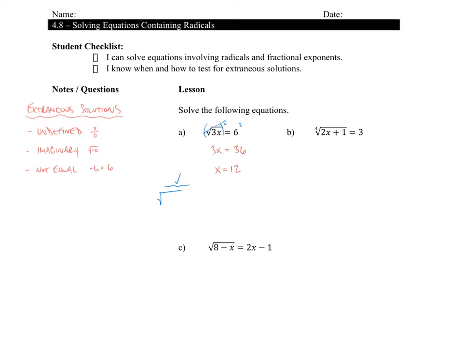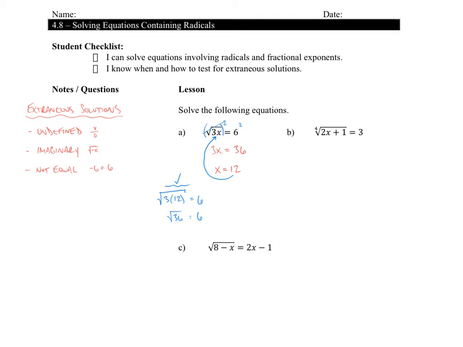So the square root of 3, and instead of x, I'm going to use 12, has to equal 6. And when we do this, a lot of the time, we would say that when we take the square root of a number, we could get positive solutions and we could get negative solutions. We would say that sometimes. All right? This radical that is written here is just going to account for the positive solutions.